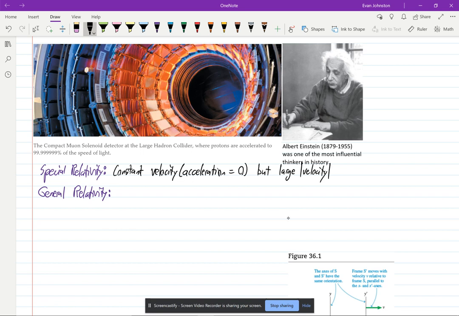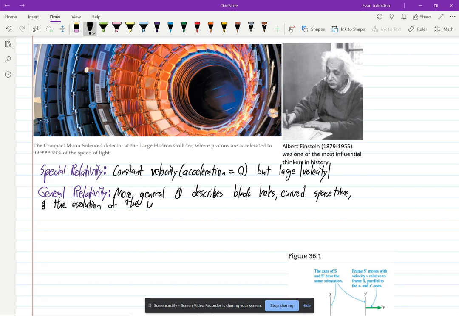So it's more general and describes black holes, curved space-time, and the evolution of the universe. Sounds like some pretty wicked cool sci-fi stuff, I've got to say.